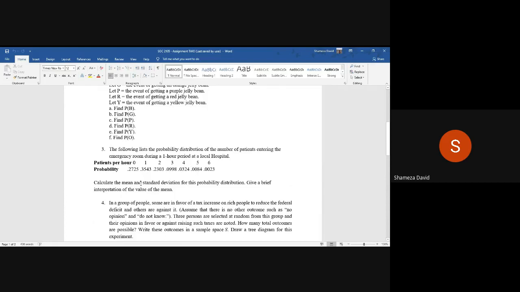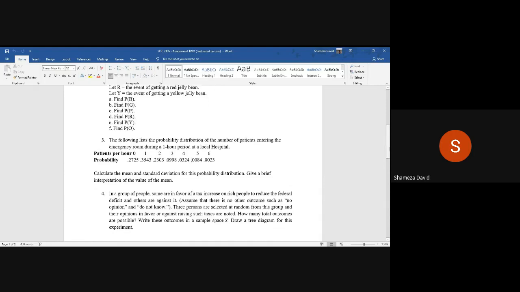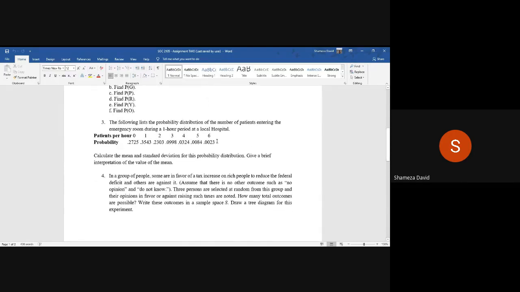And so you have to find the mean and standard deviation for this distribution. We know that the mean you will find as the sum of x times probability of x, and then the standard deviation is the square root of the sum of x squared times probability of x minus the square of the mean. And so again, not too much complicated calculation. So you are asked to find the mean and standard deviation and then give a brief interpretation of the value of the mean.